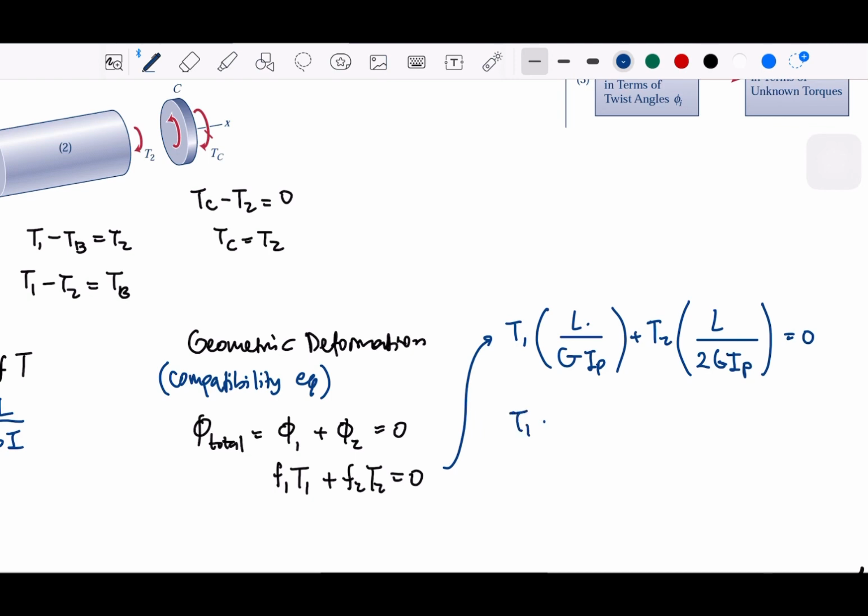Now we can write in more detail that this will be T2 L over 2 G IP, and this is negative L over G IP, and we can cancel all this immediately.